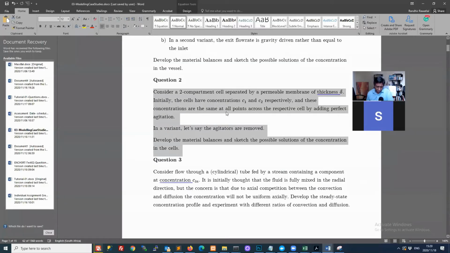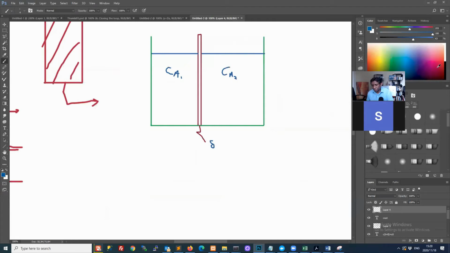These concentrations are the same at all points across the cell due to perfect mixing. So again, we've got perfect mixing involved, a mixer in each case. Because of perfect mixing, your concentration is the same at all points in here. Your task is to develop the material balances and find how concentration changes with time.